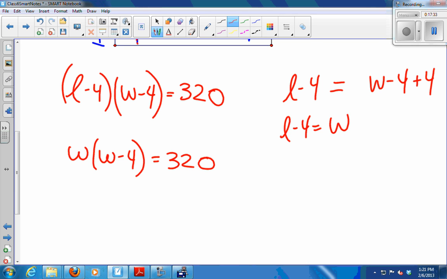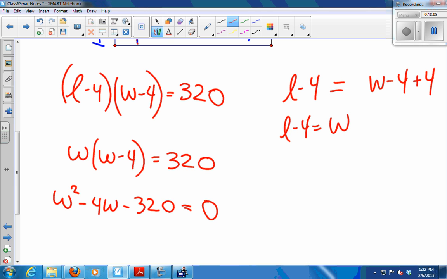Finally, I have a quadratic equation I can solve. So W squared minus 4W minus 320 equals 0. How do you solve that? Does it factor?